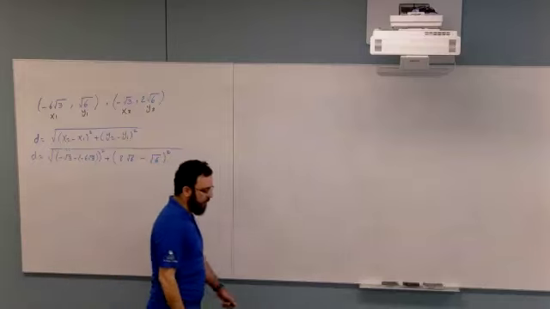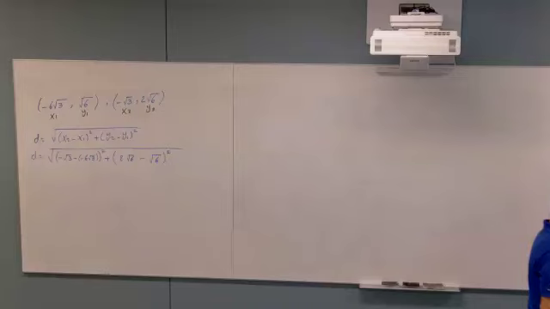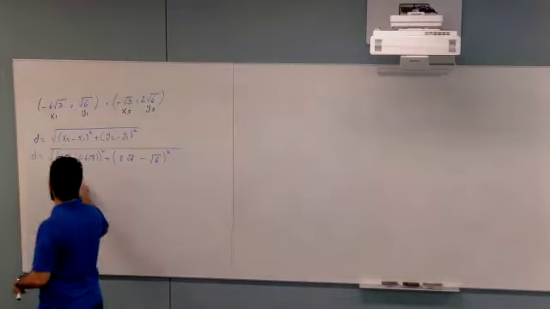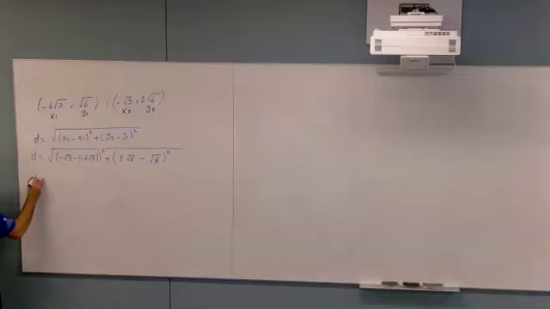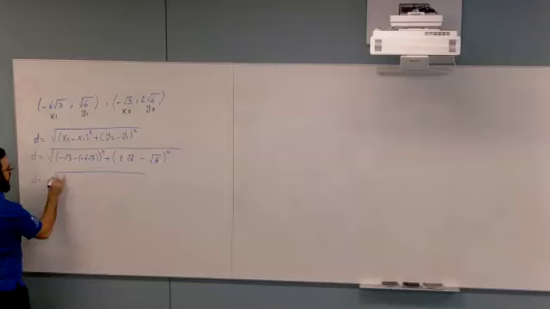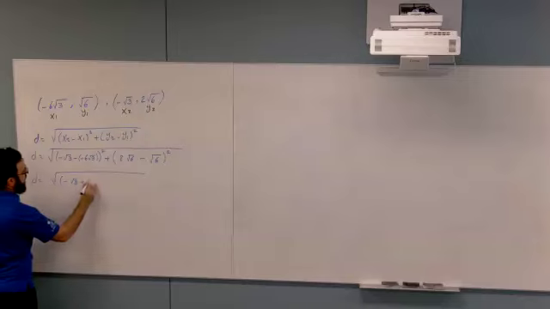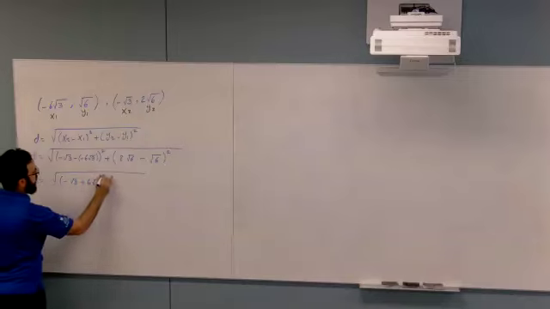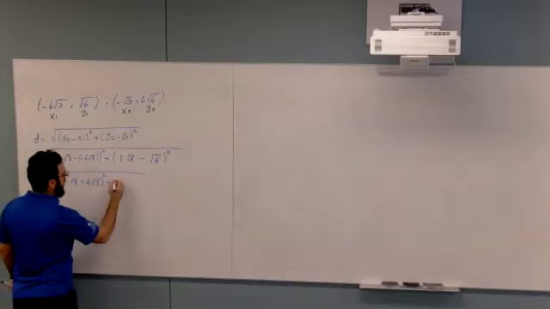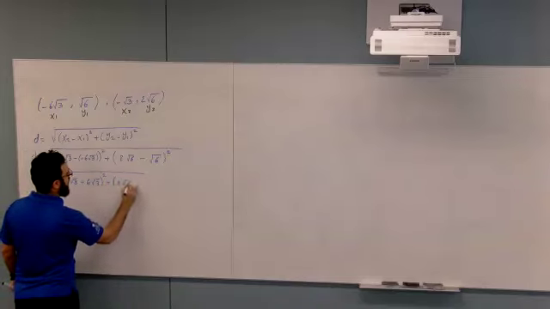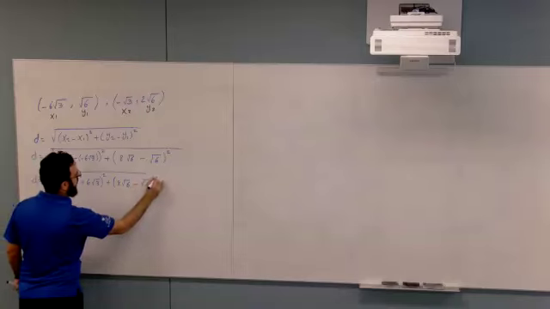How are we going to simplify this one? Can we take out the square roots? Before that, this is a plus, right here? This is going to be negative square root of 3 plus 6 square root of 3, squared, plus 2 square root of 6 minus square root of 6, squared.